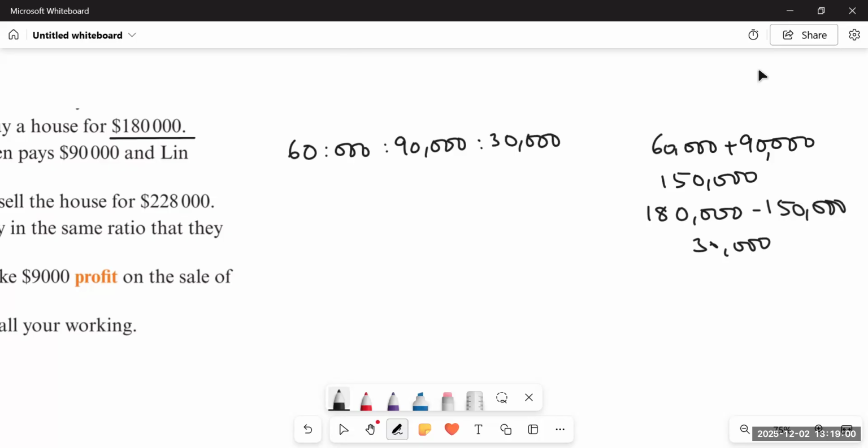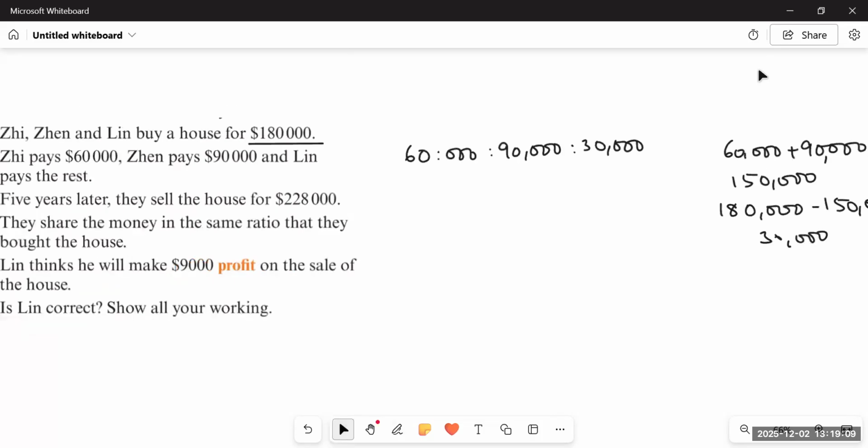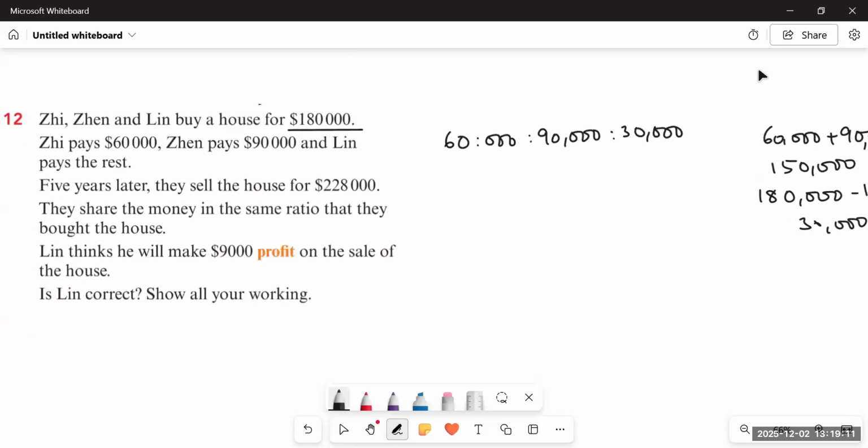So the ratio between them would be 60,000 is to 90,000 is to 30,000. When we simplify each of the three with 10,000, because all of the figures have 4 zeros, we get 6 is to 9 is to 3, and we can simplify it further by 3. So 6 divided by 3 is 2, 9 divided by 3 is 3, and 3 divided by 3 is 1. So this is the ratio in which they shared the amount to buy the house.